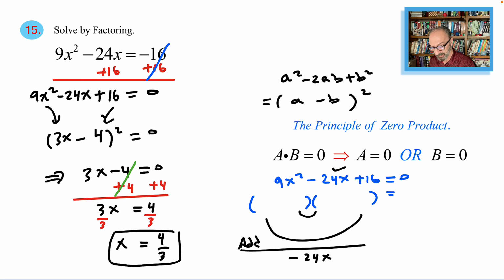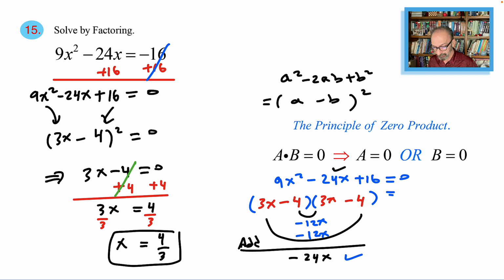And the only way that you could do it is 3x times 3x will give me 9x squared, and 4 times 4 will give me 16. But since I need to end up with the sum of negative, I will go with negative 4 times negative 4. Notice that the inside part is negative 12x, and the outside part, 3x times negative 4, is another negative 12x. So just to support that, you could factor it, but either way, you're going to end up with the same form, 3x minus 4 all to the second.